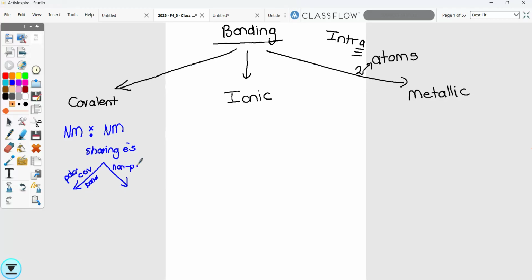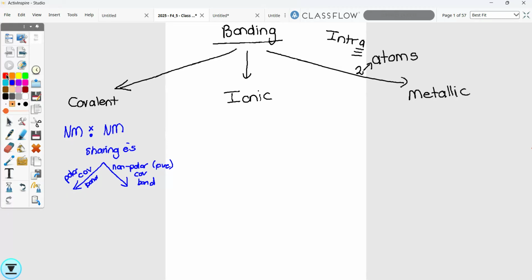Non-polar. What's the other name for non-polar? A non-polar or a pure covalent bond. We need all three words. You're going to see that these count 2 marks. So if you just say polar or just covalent, you're only going to get 1 mark for that answer.